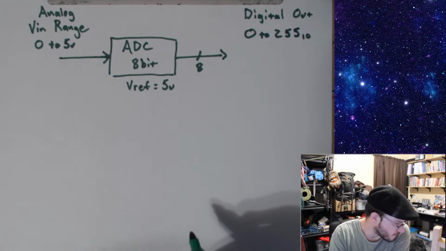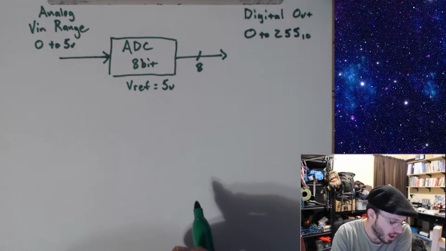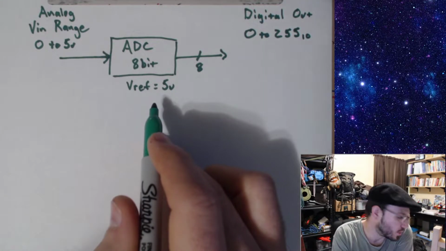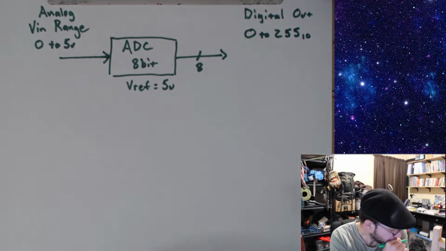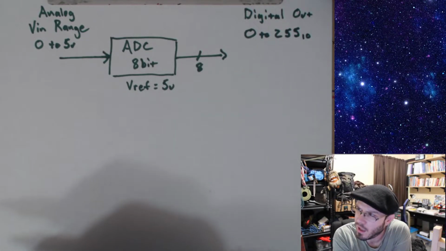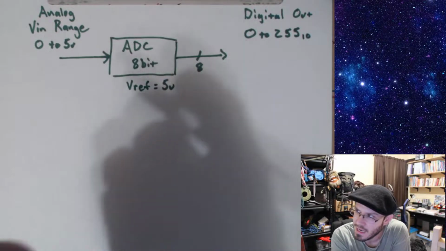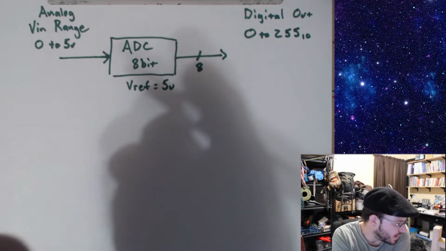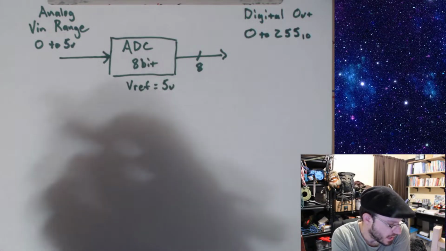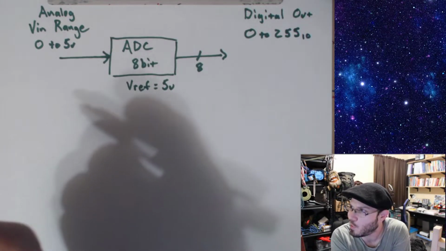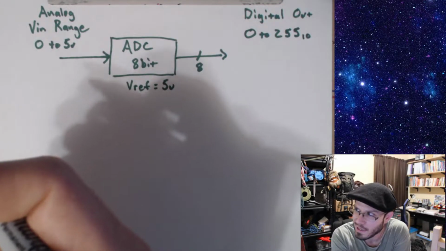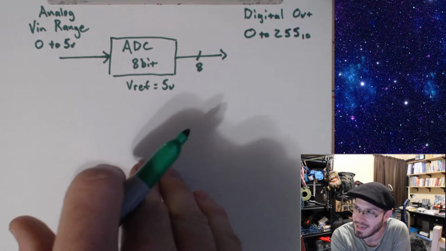Now, to establish the problem that I want to show how to solve using this differential amplifier is the problem of scaling some input. So the idea here is you have some sensor that gives you a range, and you want to adjust that range to suit your application.